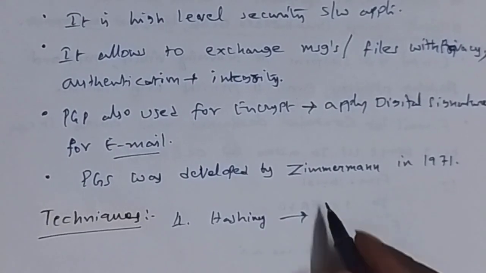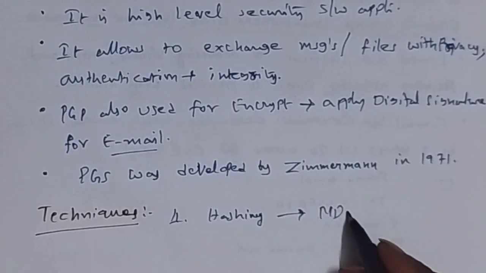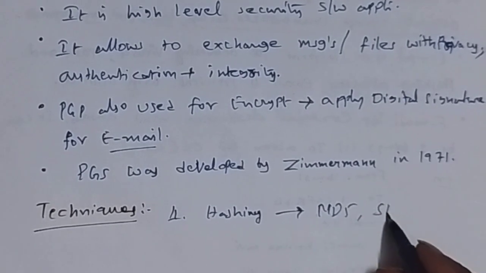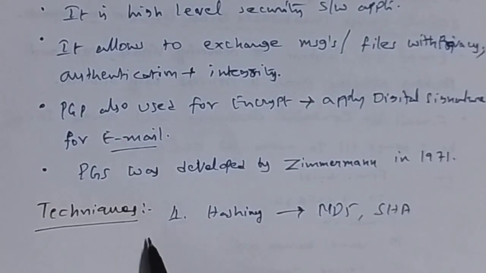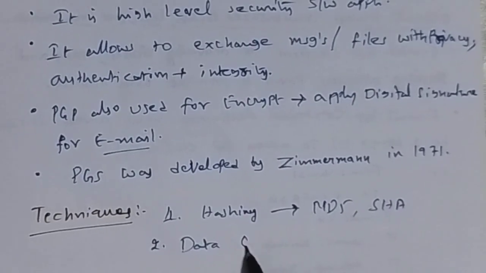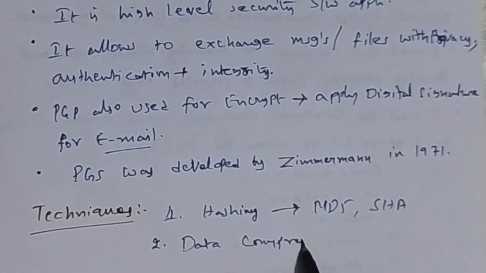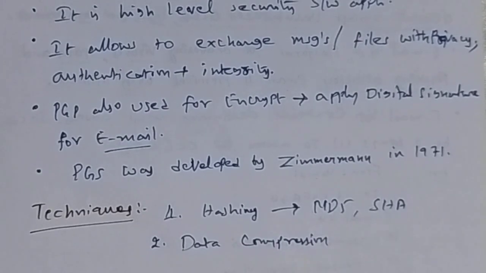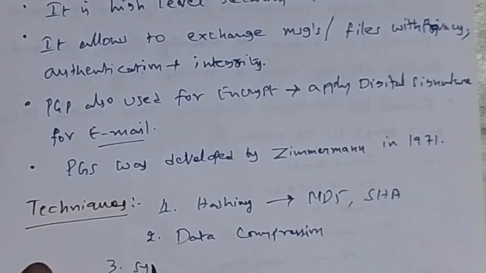In hashing they use MD5, Message Digest 5, and the SHA algorithm. The second one is data compression. The third technique is symmetric key cryptography.